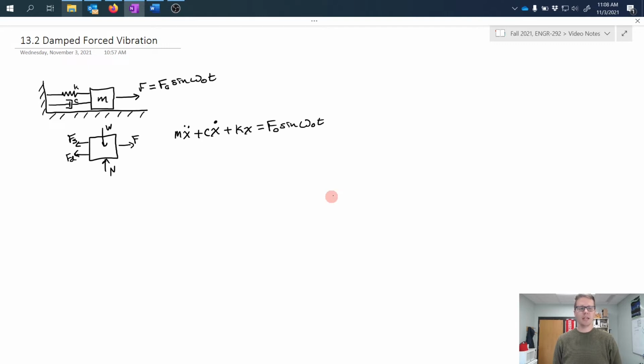So much like in forced vibration without damping, we have both a transient and a steady state component to the solution to this differential equation. And the transient part we're not going to worry about because the damping will cause that to go away. Instead we're going to focus only on the steady state.